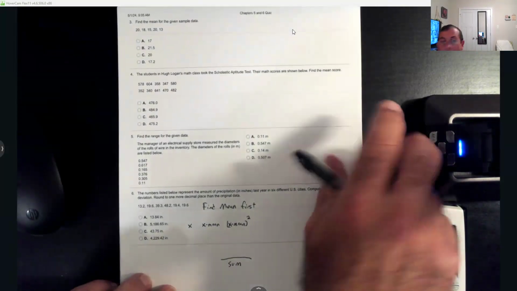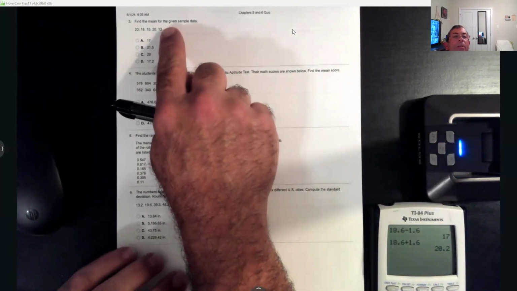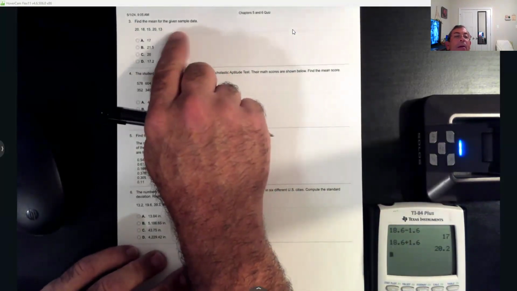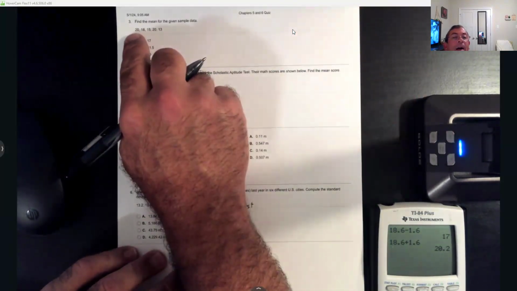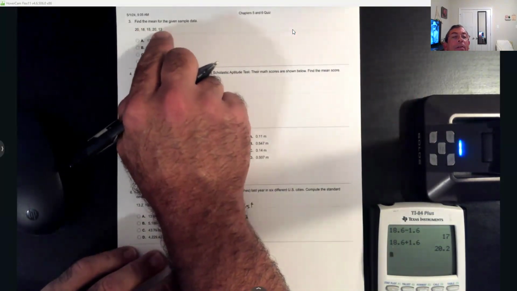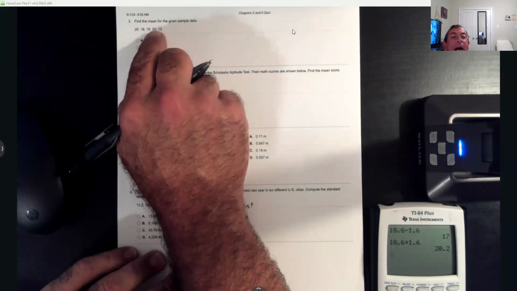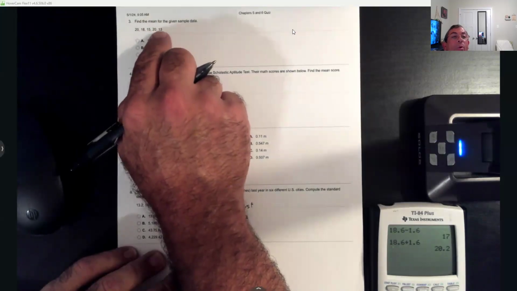All right, y'all, so let me put the next page up. So for number 3, they want us to find the mean of the sample data. Well, remember, mean is like the average. So to find the average, we're going to add all these up and then divide by 5 since we got 5 data points.